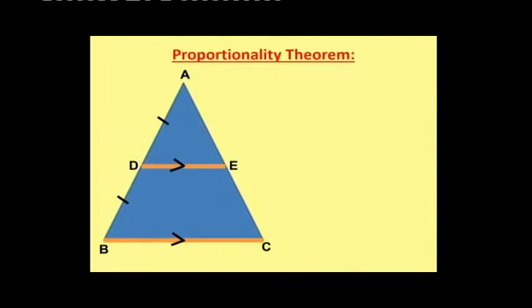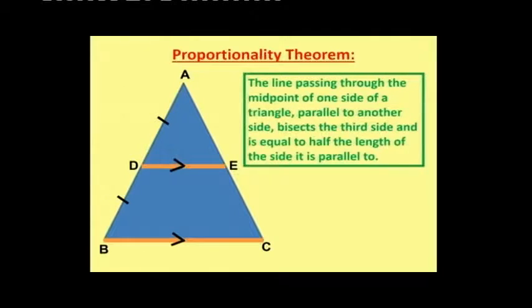And just maybe the last one, it's quite a mouthful: the line passing through the midpoint of one side of a triangle parallel to another side. Now let's just see what they mean. Can you see what they give us? This side, DE, is parallel to BC, right? And AD is equal to DB. What can you derive from that?